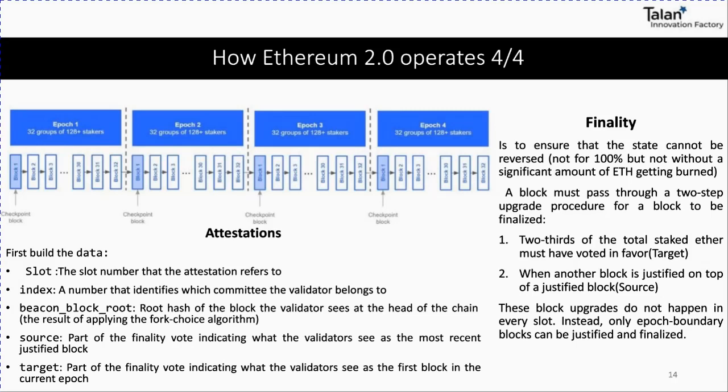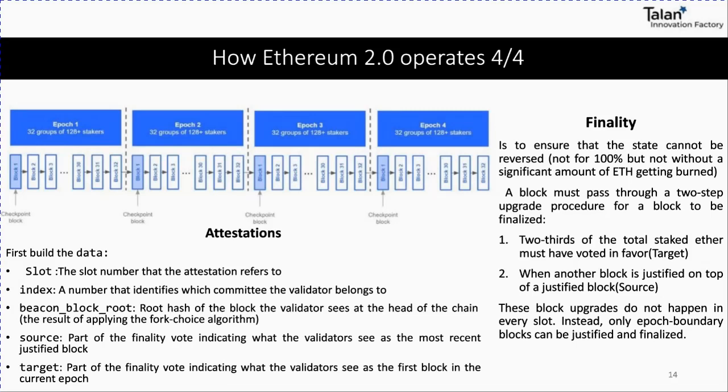So the attestation or the vote of the validator will contain this information: the slot to which it belongs, and the index, which is the identifier of the validator in the committee, and then they will choose the head. The head, what does that mean? The head is the last block visible to the validator on the chain. So it's like asking what is the last block that you are seeing right now.